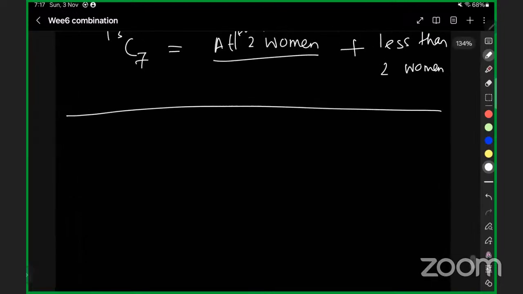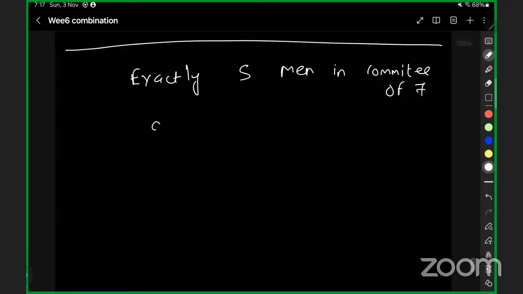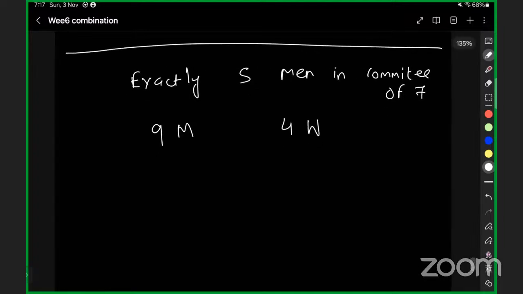Okay. Now, let's say you want exactly 5 men in a committee of seven. You have 9 men and 4 women. So what will you do? Exactly 5 men should be there. You'll choose 5 out of 9, then 2 are left, right?